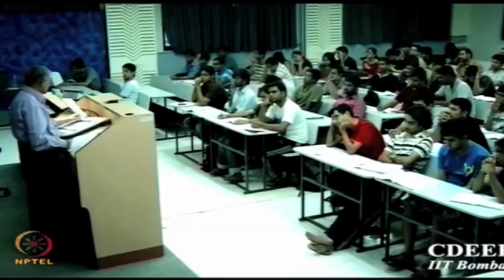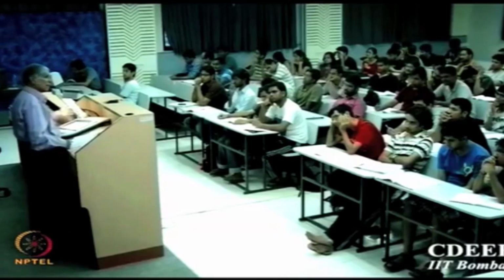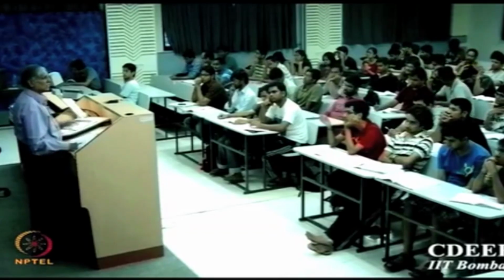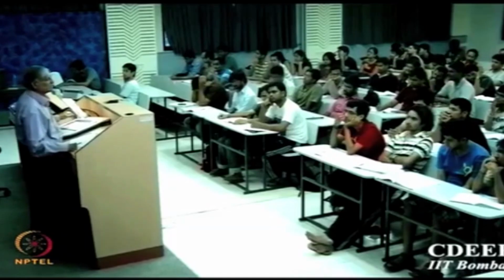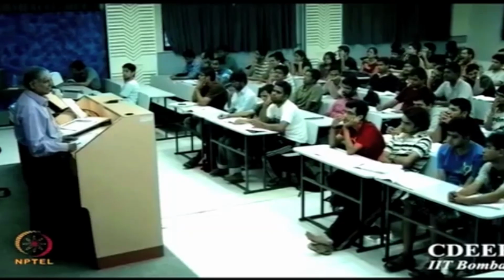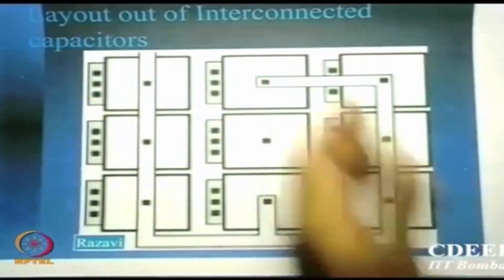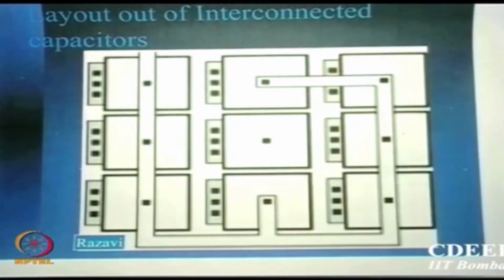So this is the net, but then you should have poly here, here, everywhere. This is essentially called an 8 to 1 capacitance ratio. This circuit is creating an 8 to 1 capacitance ratio, 8 from this, 1 from here. Change this combination and you can create any other ratio as well.